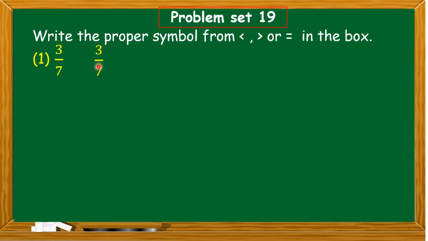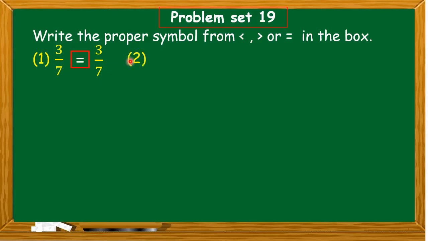Now here, as you can see, the numerators of both the fractions are same. Also, the denominators of both the given fractions are same. Hence, we can put equal to sign in the box because these two fractions are equal or same.